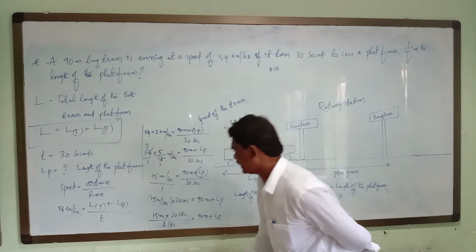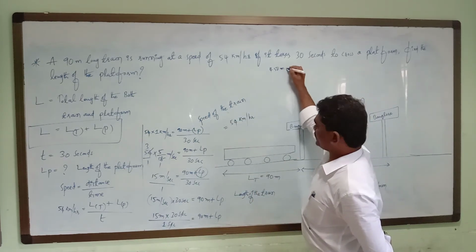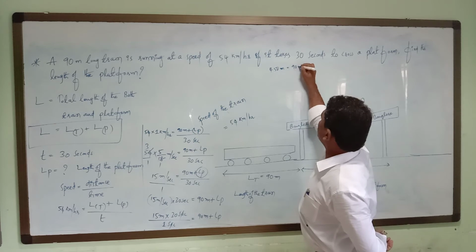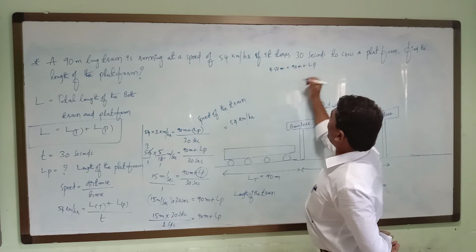Here 1 second gets cancelled. 450 meters is equal to 90 meters plus the length of the platform.